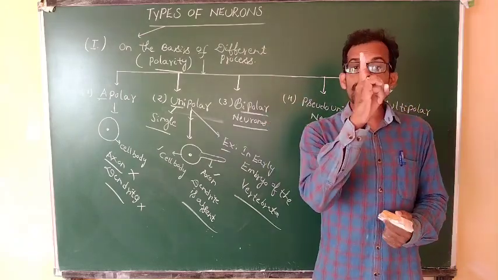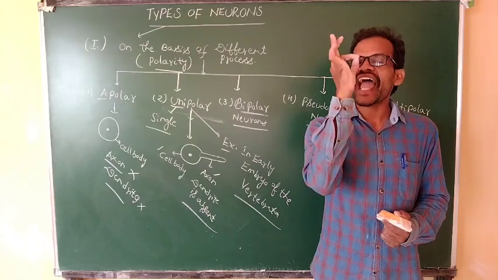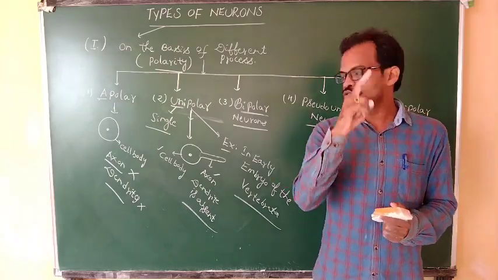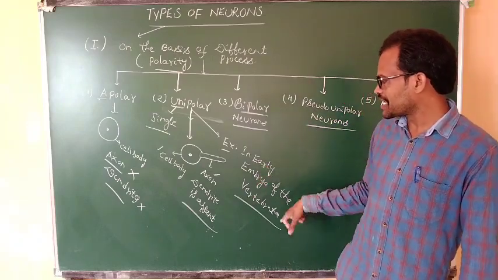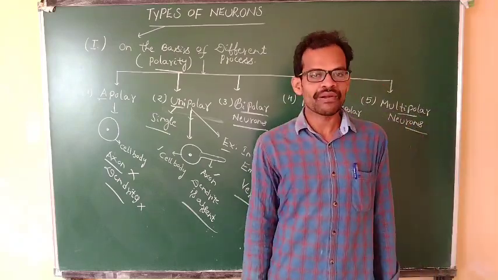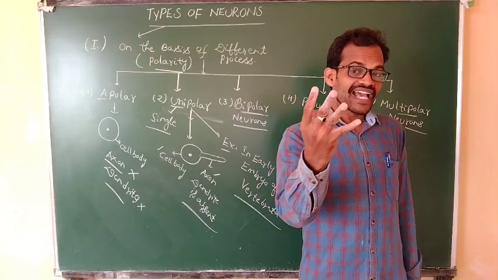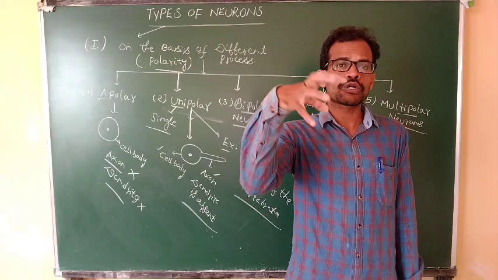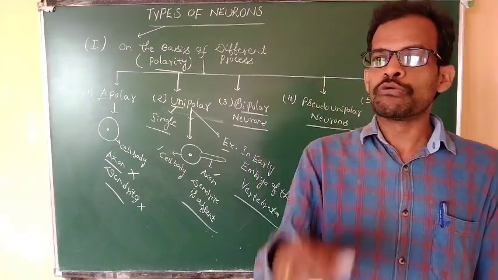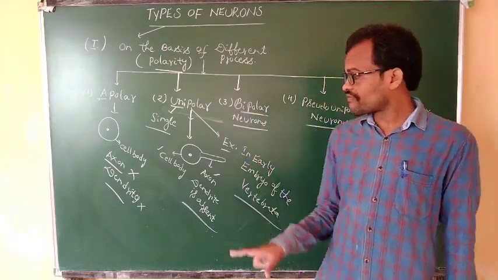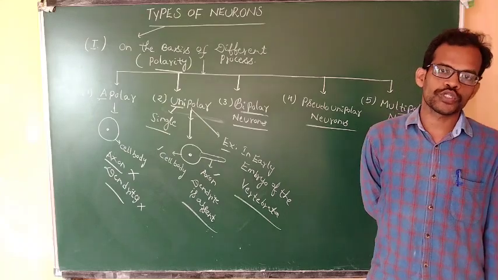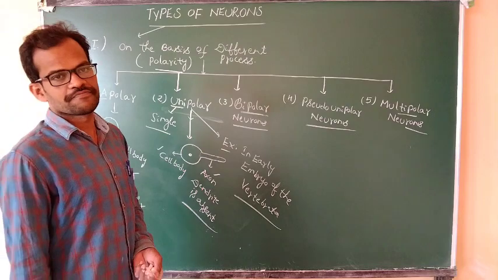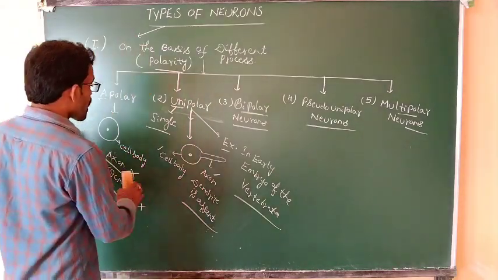Unipolar means only one polarity, the axon polarity. Dendrite is absent. You can observe this in the early embryo of vertebrates like fishes, amphibians, reptiles, birds, and human beings also. Once you are growing in the mother's womb, your embryo consists of unipolar neurons. Coming to the bipolar neurons.